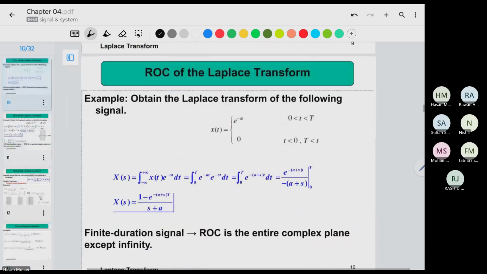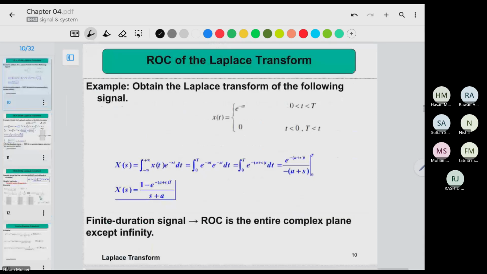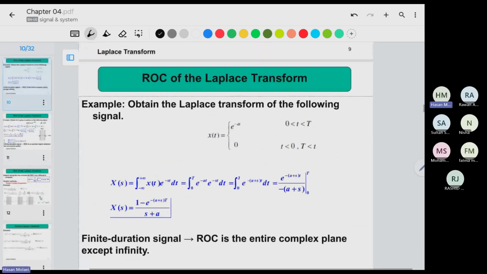So this is an example where the duration of x(t) is limited in time.